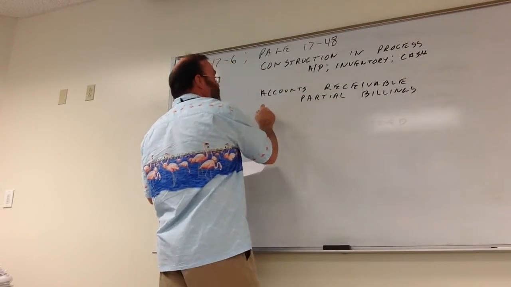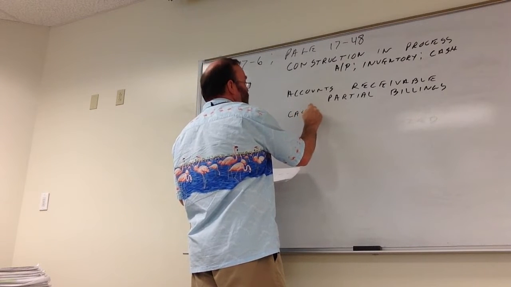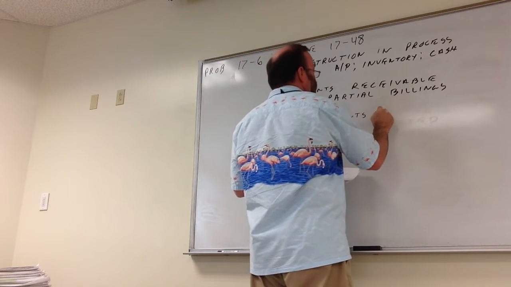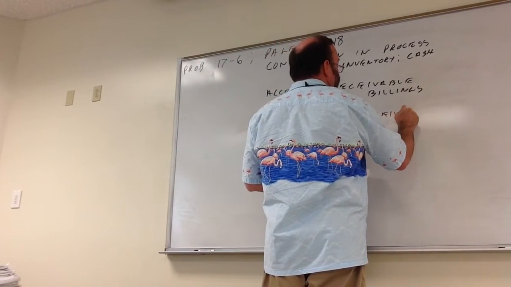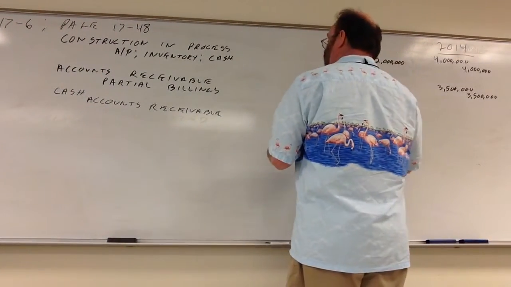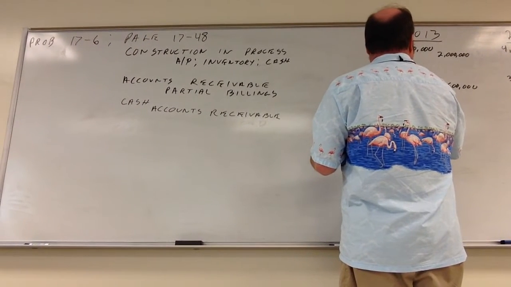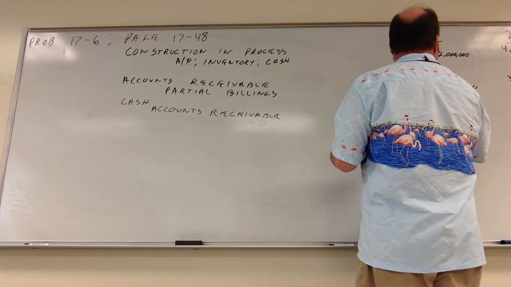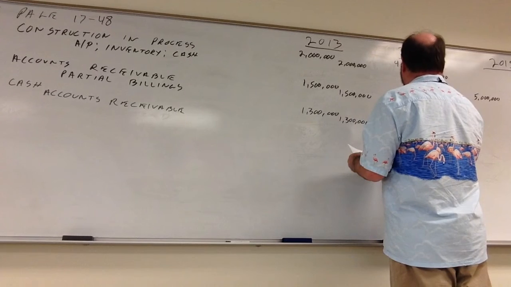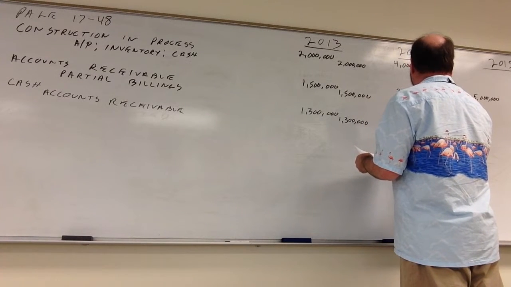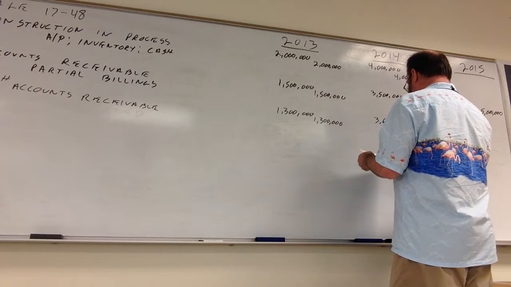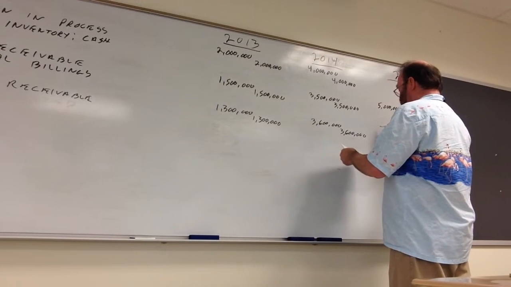Then you're going to collect on some of these receivables. So you're going to debit cash and credit accounts receivable. And we collected $1,300,000 the first year, $3,600,000 the second year, and then $5,100,000 the final year.